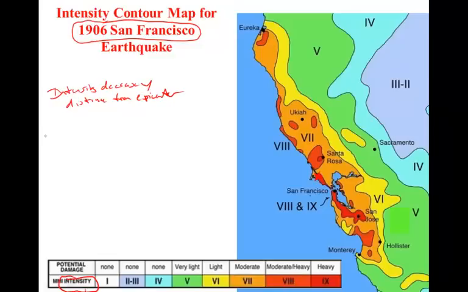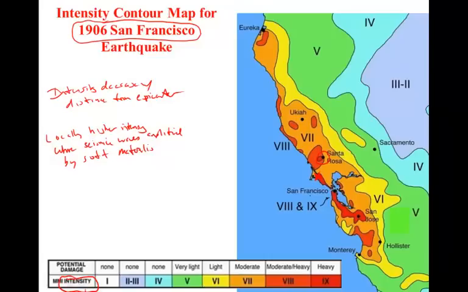However, intensity can be locally higher where seismic waves are amplified by soft geologic materials. For example, we see the highest intensity not at the epicenter, but near Santa Rosa, telling us that seismic waves are passing through softer materials in that area. They're slowing down, and their amplitude is increasing as a result.